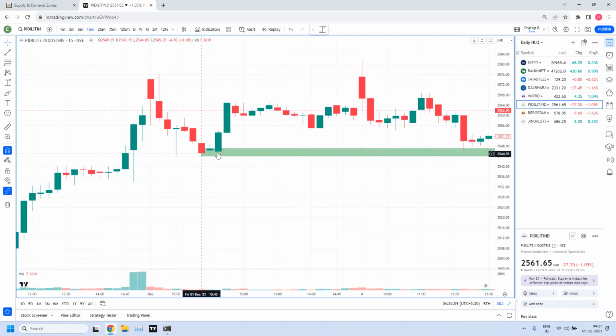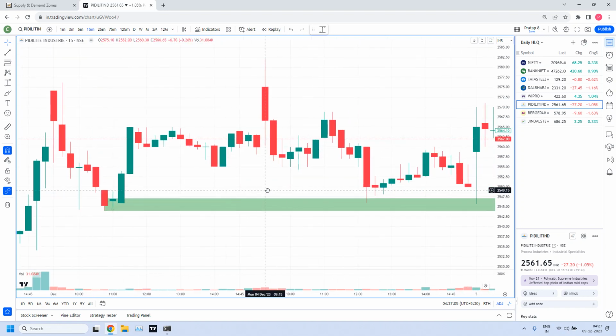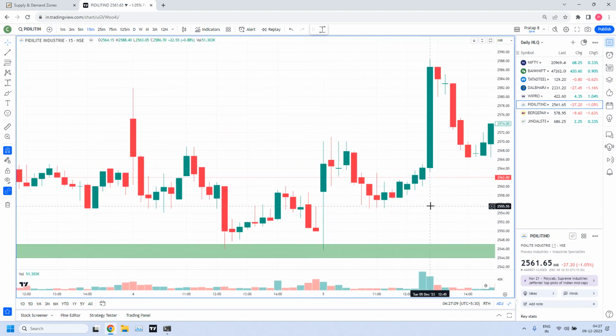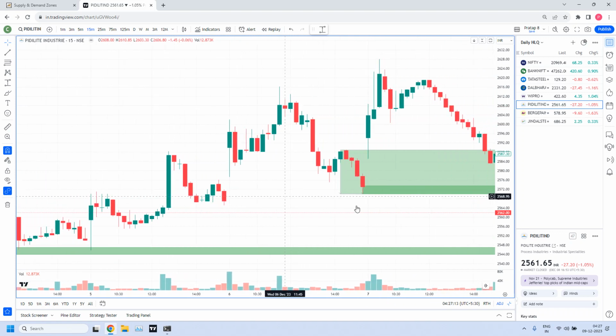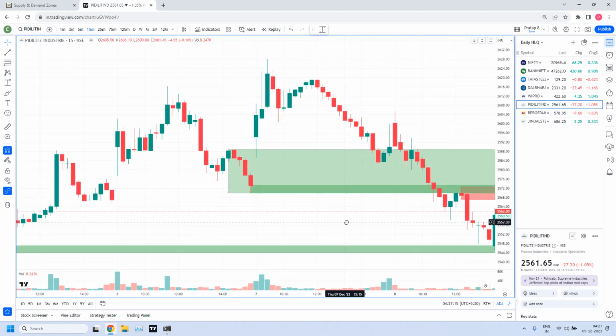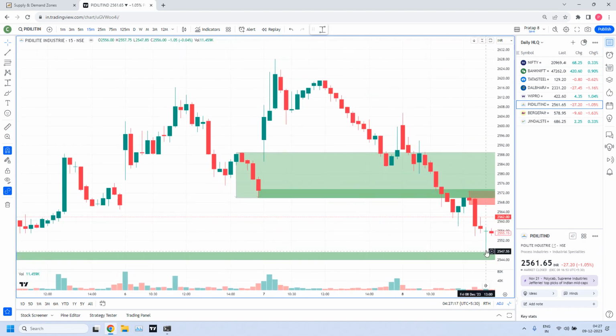And we already fine tuned to type 2 proximal entry in this drop base rally. Previously it has given the first entry and second entry, and even this is the third entry.